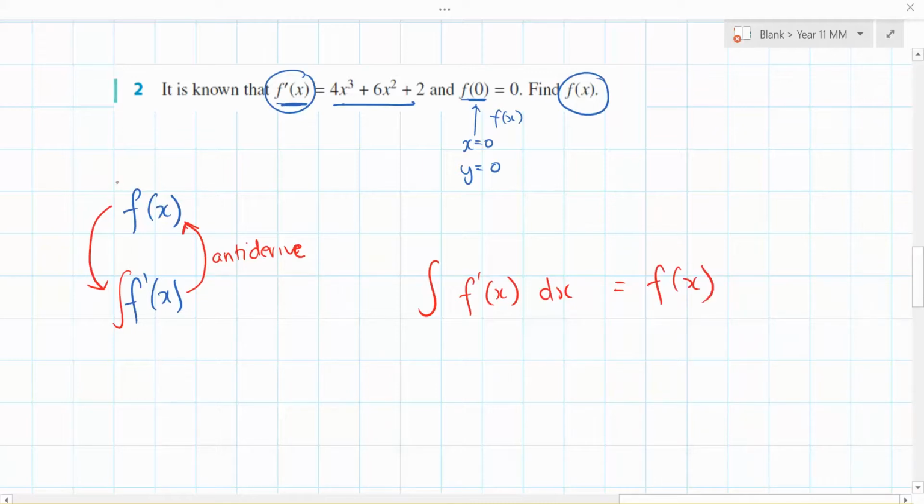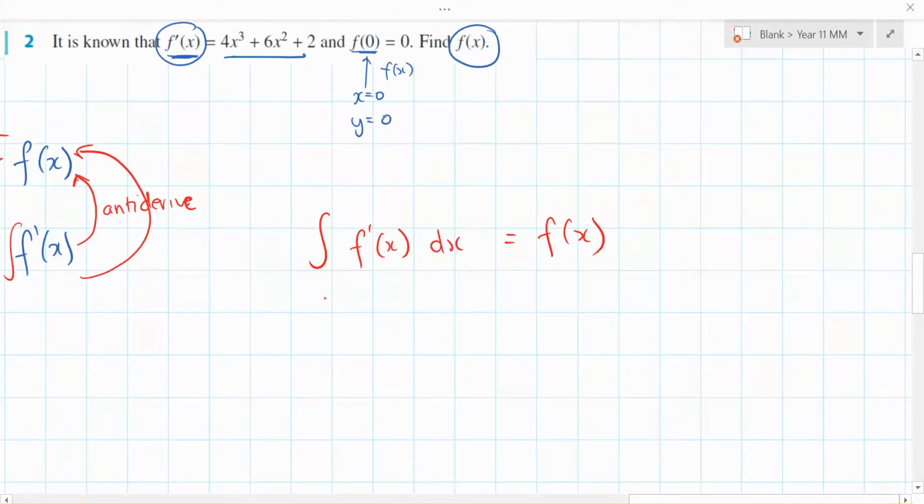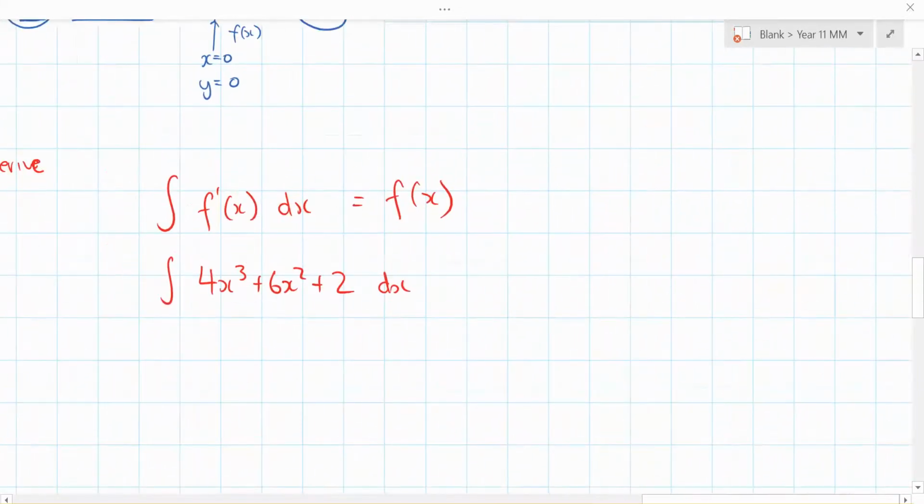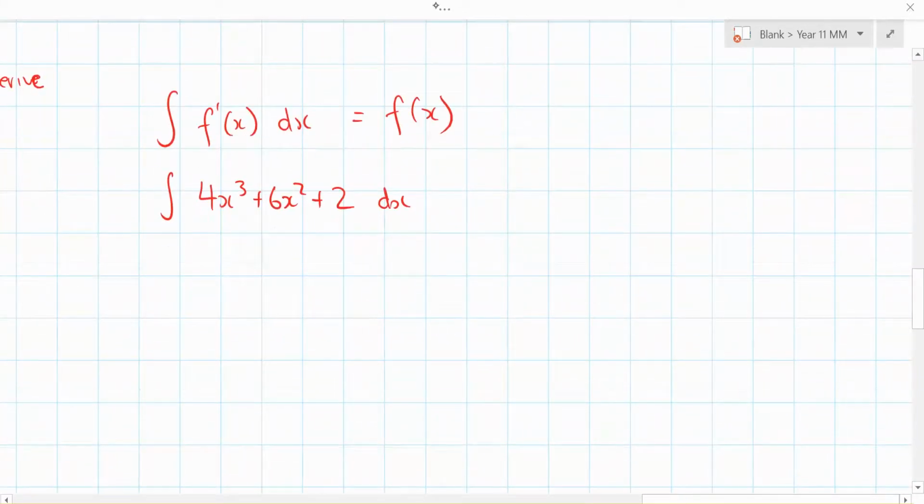I derive to get here, then I antiderive to get back. So in our case, I've got the antiderivative of the derivative, which is 4x cubed plus 6x squared plus 2 dx.